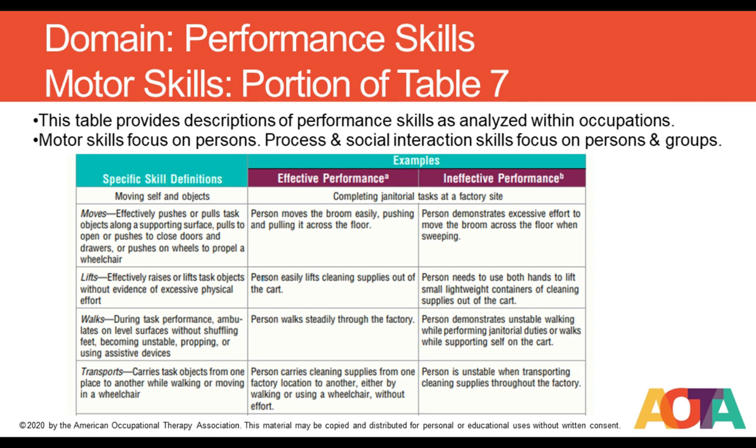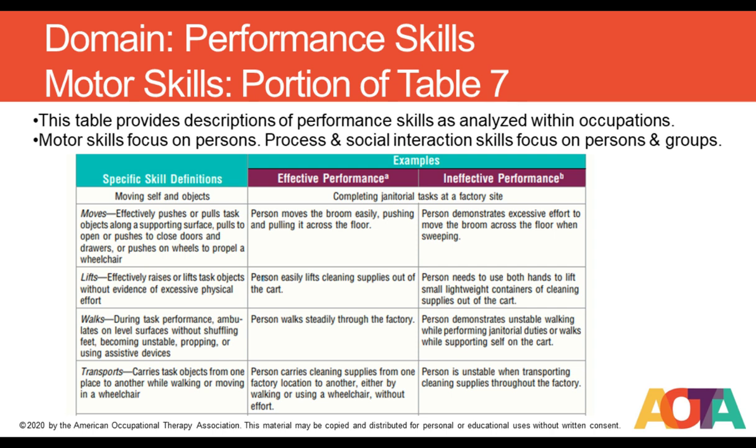Motor skills focus on person as client. This portion of Table 7 presents a sample of the motor skills subcategory of moving self and objects, with its individual motor skills of moves, lifts, walks, and transports.